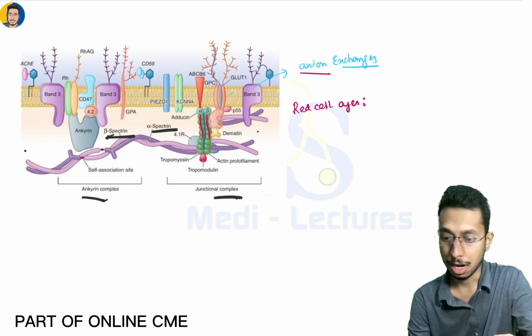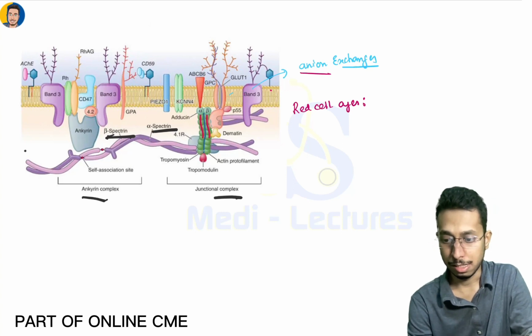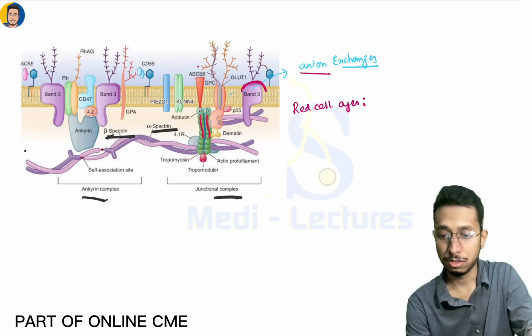it accumulates products and gets denatured, and the probability of band 3 exposure on the cell surface increases, resulting in an increased binding site for antibodies like anti-band 3.